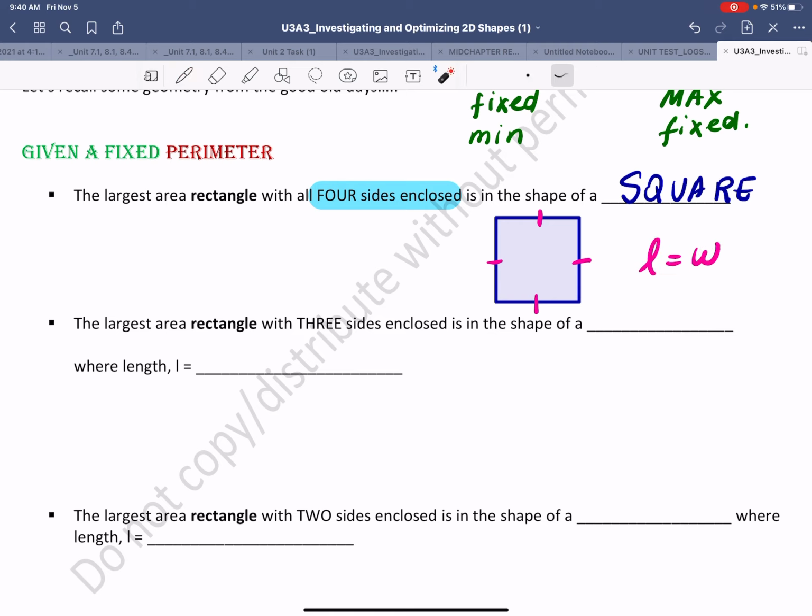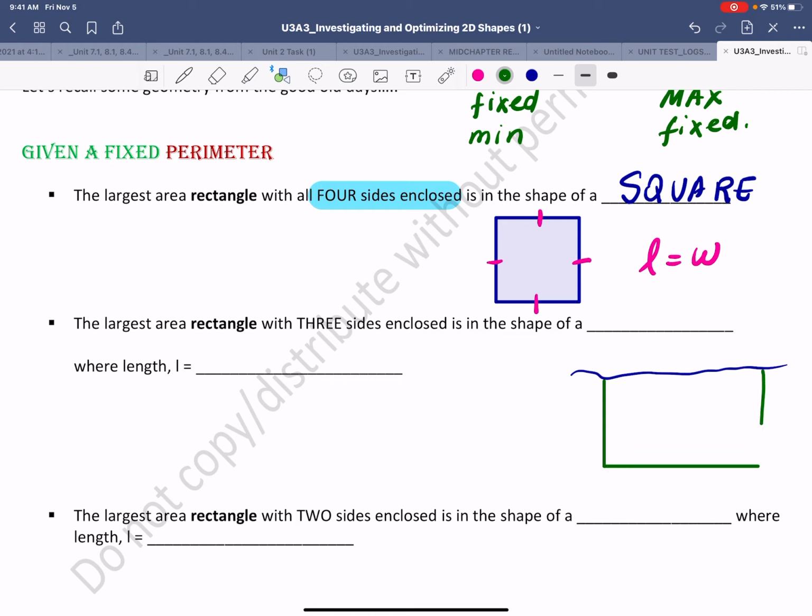Now, oftentimes we'll be given the task of enclosing a rectangular shape area, but we won't need to use fencing on all 3 or 4 sides of it. So we only need fencing on 3 sides of it. Say, for example, there is an area where there is a river maybe, and we are trying to enclose a rectangular shape area, so we won't need fencing on the side where the river is located, but we're going to need fencing for the other 3 sides.